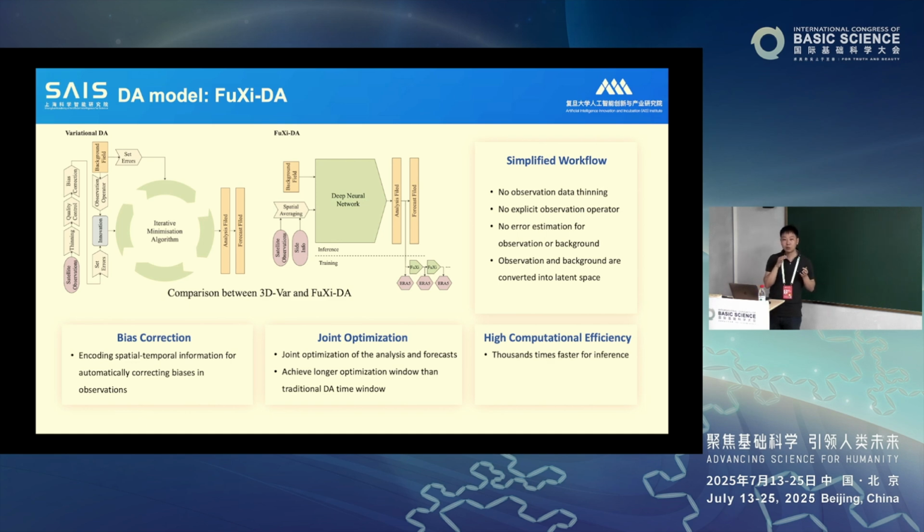That window is usually limited to maybe 10 or 12 hours, because if you wait longer, you won't get the forecast in time. In the AI model, we can do this optimization for a longer lead time to improve our forecast. And this is very computationally efficient. It is thousands of times faster for inference compared to the traditional DA model.